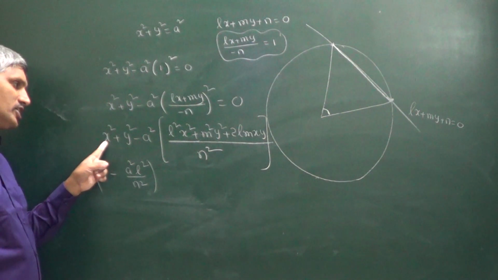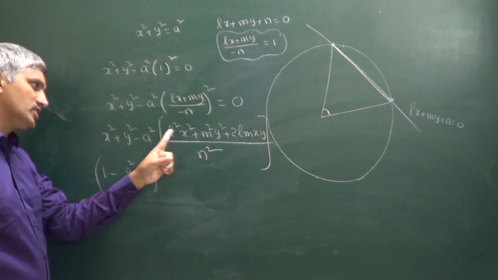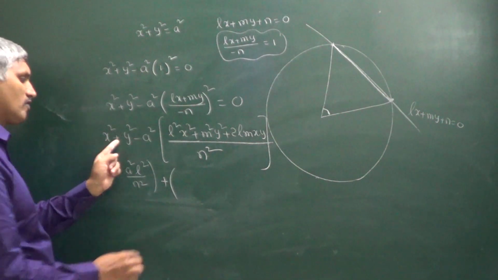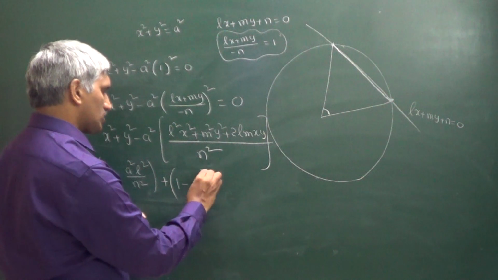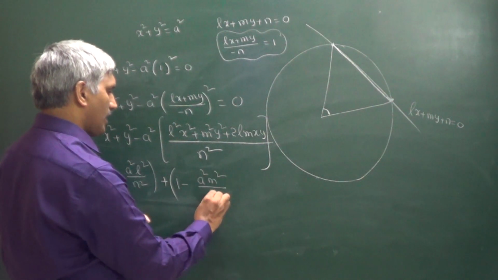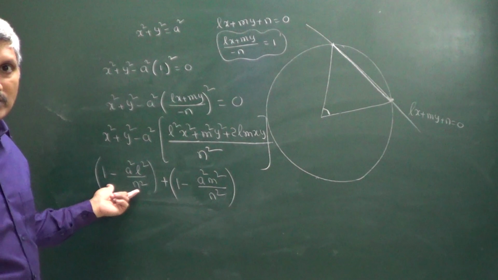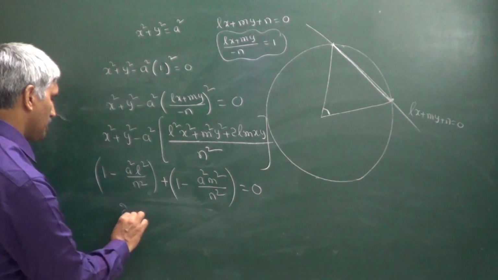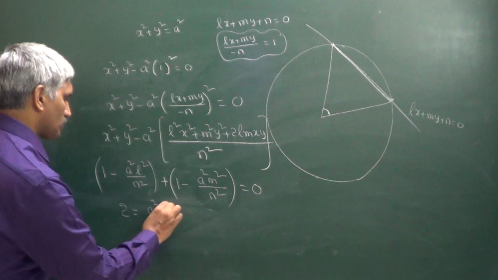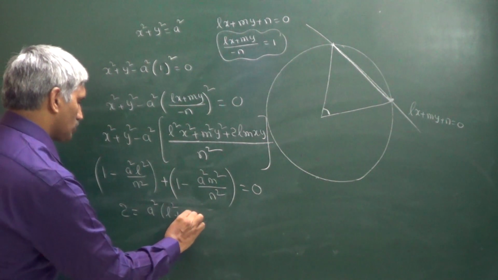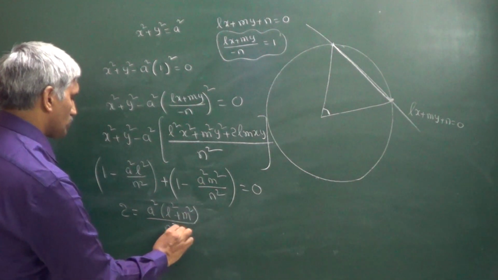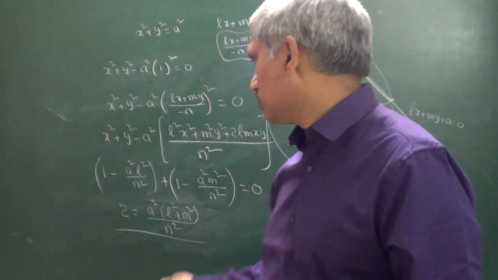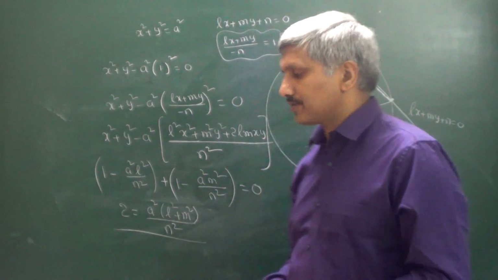Plus the coefficient of y square, 1 minus a square m square divided by n square. Coefficient of x square plus coefficient of y square is equal to 0. From this you will get the condition 2 is equal to a square into l square plus m square divided by n square. A square into (l square plus m square) is equal to 2n square. That is the condition, right?